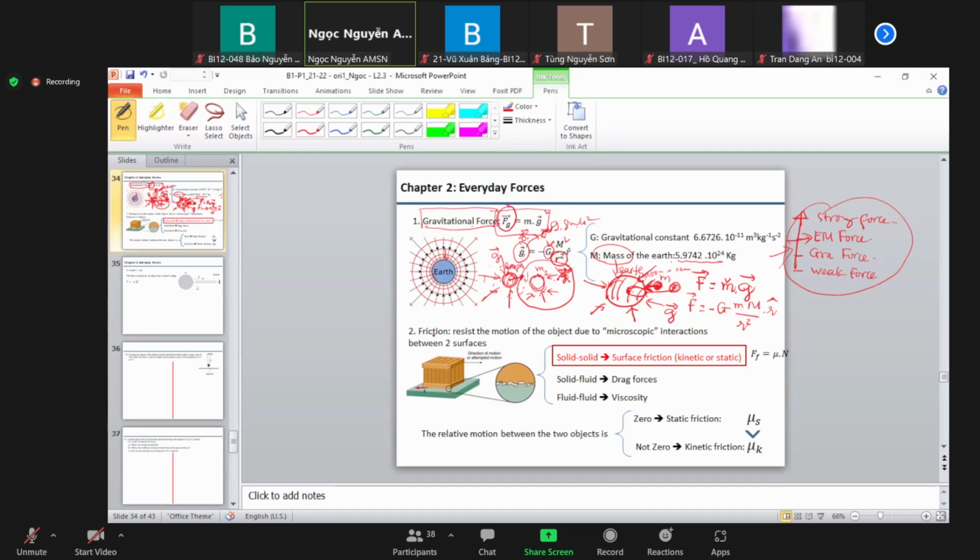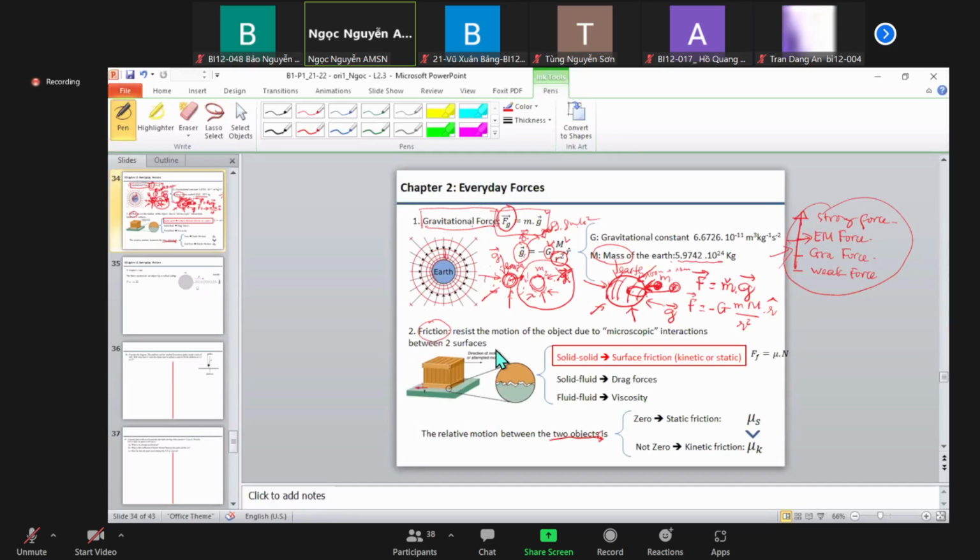And we just care about the friction force when you have relative motion between two objects.